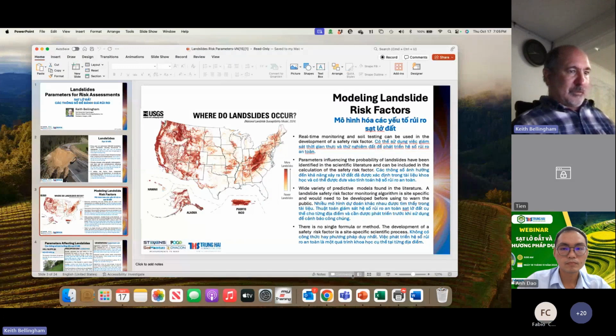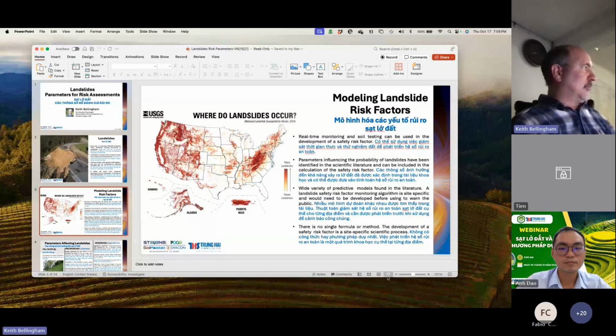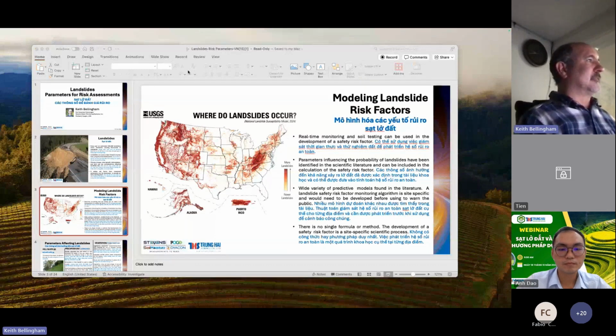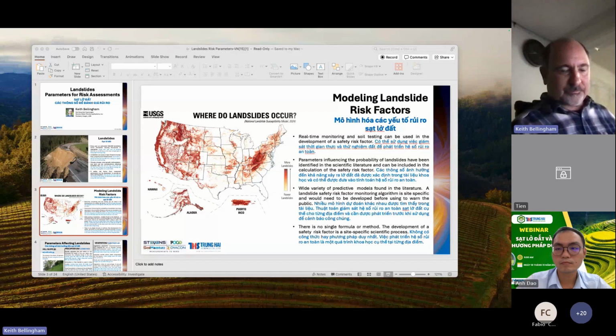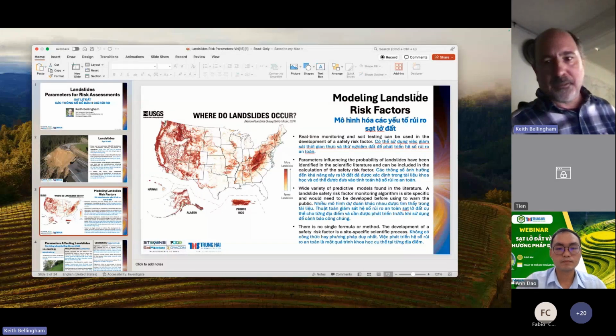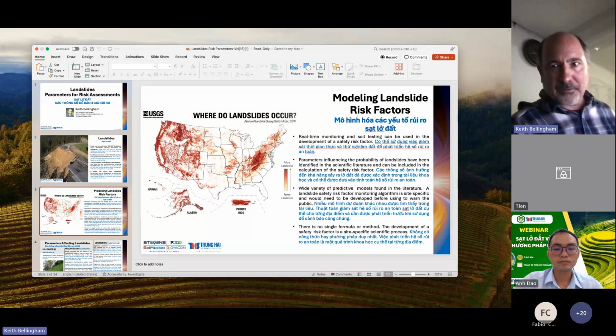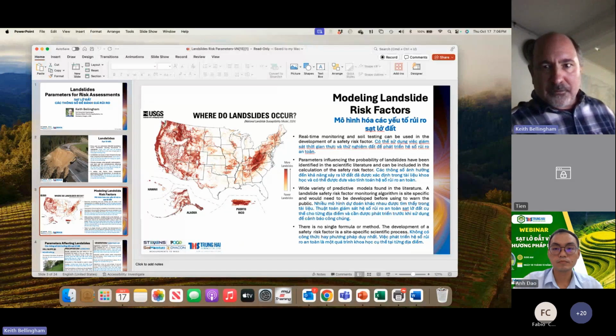Let me see if I can. Slideshow. It's showing it on a different monitor, one you can't see. Let me see if I can escape out of here and select a different monitor.